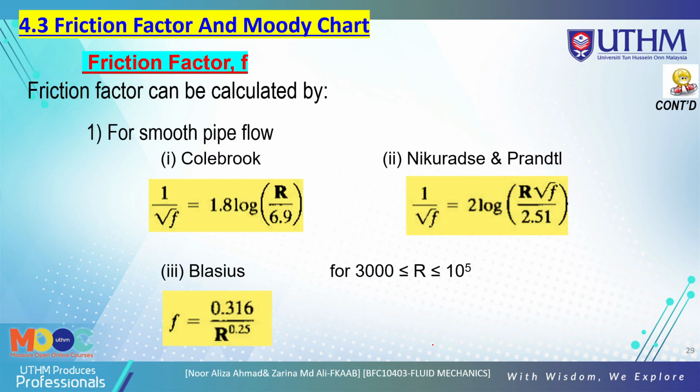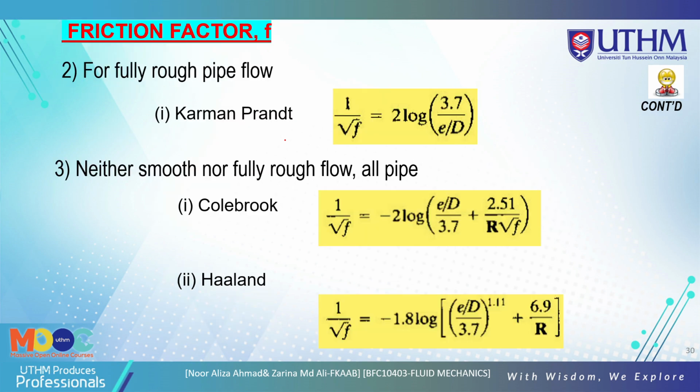Now we look at the friction factor and Moody chart. The friction factor is F, which you want to find. You can use the Colebrook formula, and also the Nikuradse and Prandtl formula, to get F. These are for smooth pipe flow, depending on the Reynolds number range.